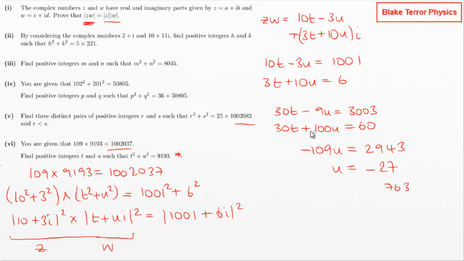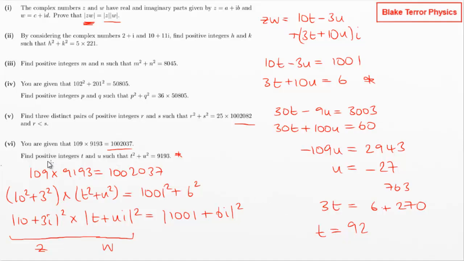So I've got minus 27 then for u, which means that t is going to be equal to, so what have I got here? Let's go back to this one. 3t is 6 plus 270. So 276 divided by 3. Is that right? Yeah. So that's going to be 92.